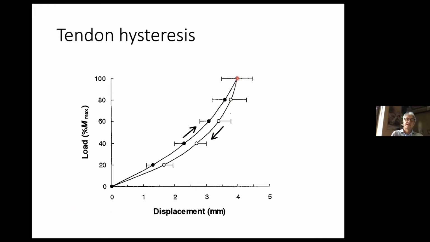You can see that this curve does not overlap with the stretching curve. This means that the tendon shows hysteresis, and the area of this curve, which shows the hysteresis, is actually energy which is dissipated during the recoil of the tendon, and is dissipated as heat.